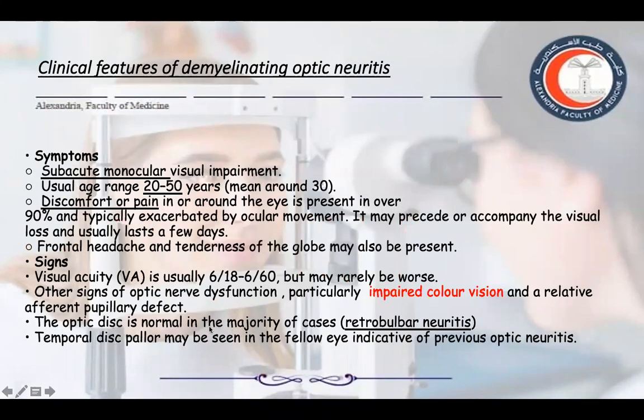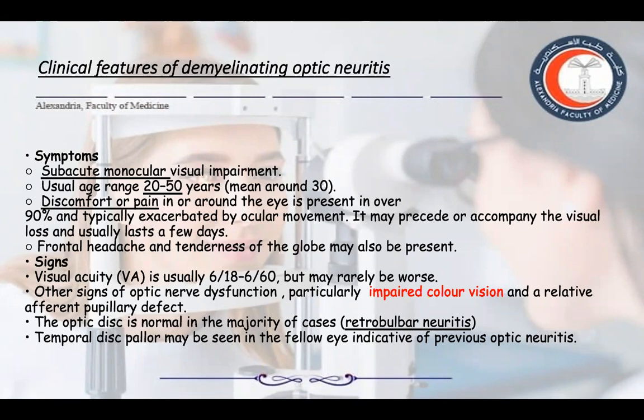This is a very important slide also, the clinical features of demyelinating optic neuritis. Usually, there is subacute monocular visual impairment. The average age is 30, between 20 and 50. There is discomfort or pain in or around the eye in 90% of the patients, typically exacerbated by ocular movements.